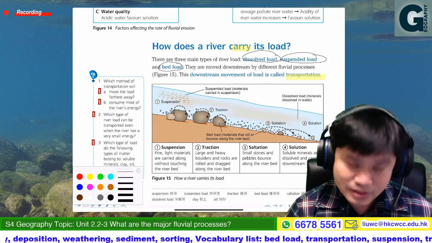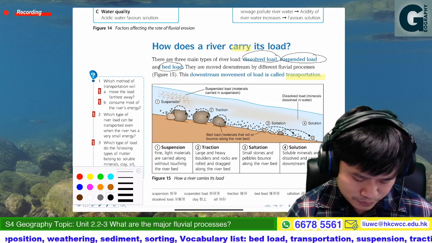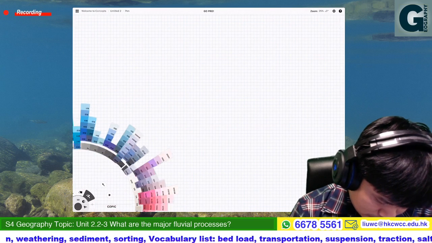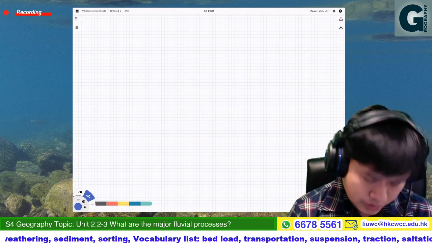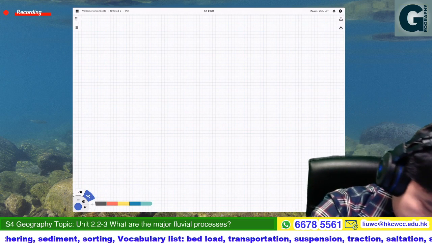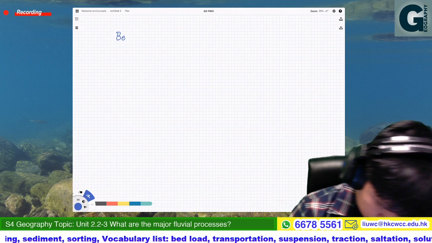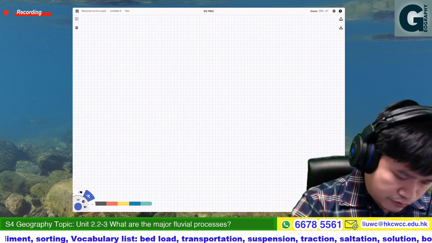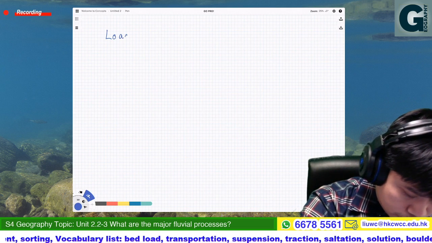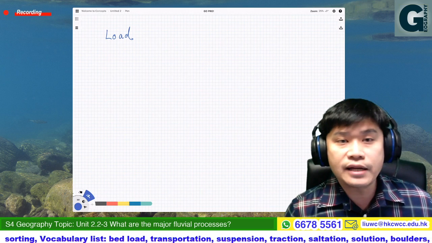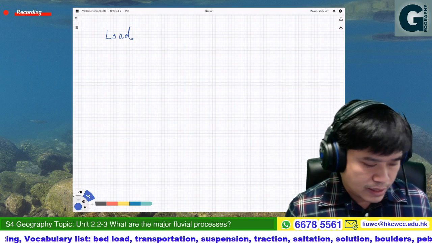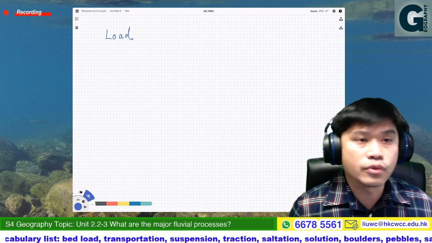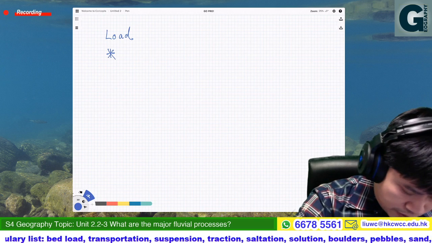This time I'll use my sketch notes to do the explanation. For load, from your textbook, we can divide the load into three types.